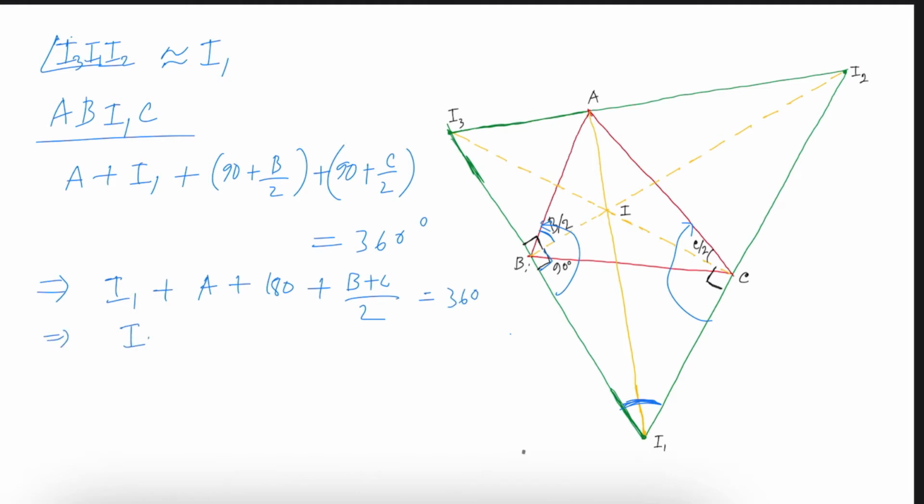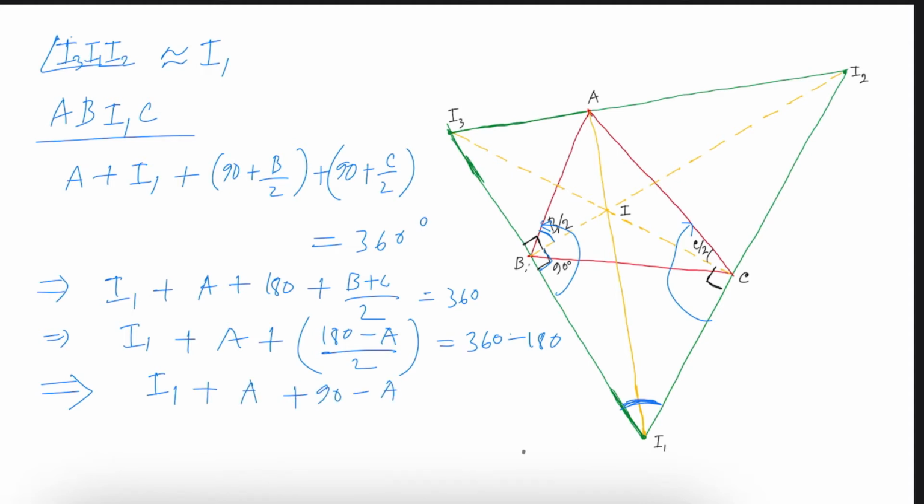So I1 plus angle A plus (B plus C) by 2, which is nothing but 180 minus A by 2, is 360 minus 180, right? So from here we can write I1 plus A plus 90 minus A by 2 is 180.